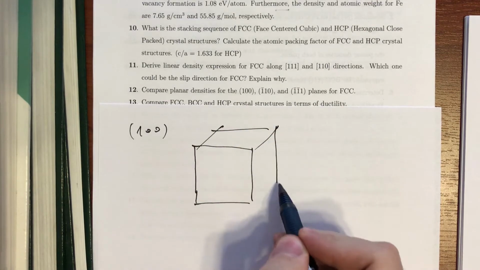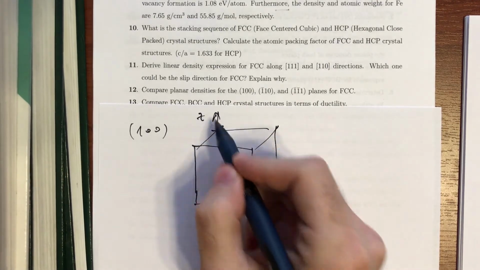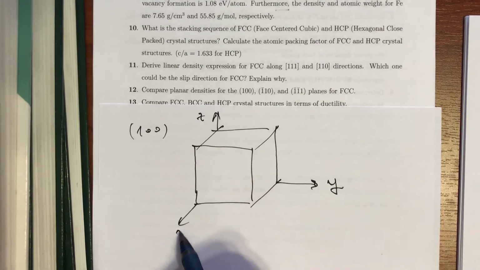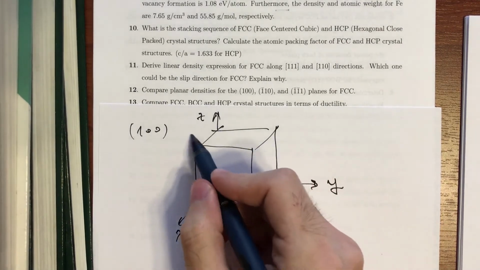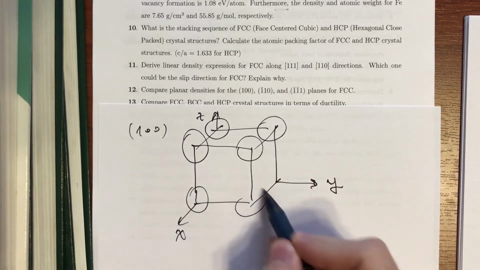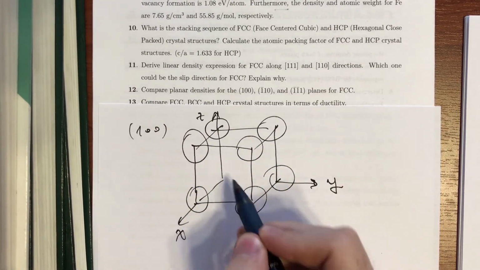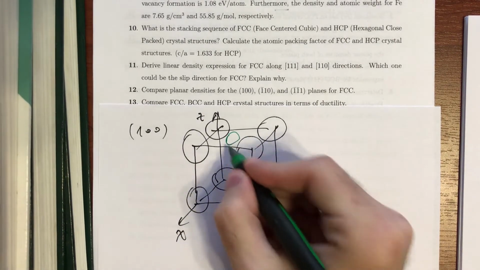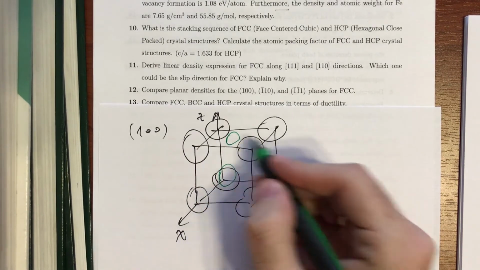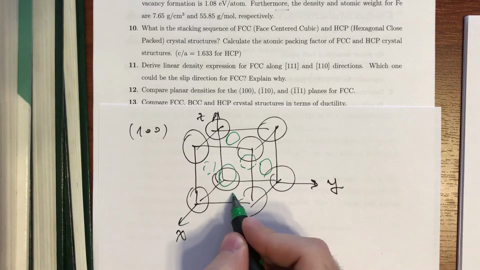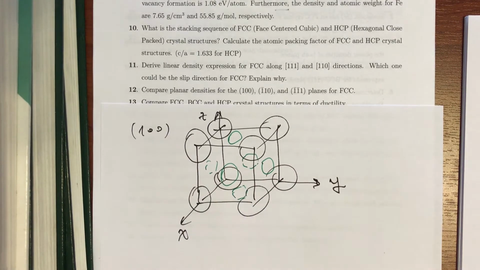Always draw your cube and coordinate axes first. This is y, this is x. 8 corner atoms. Then the face atoms. Front, top, right, left, rear, bottom. 6 face atoms.